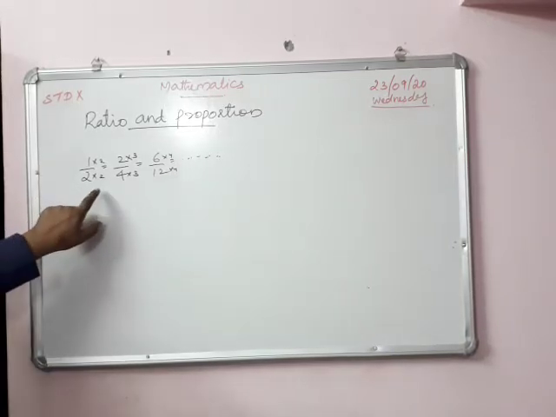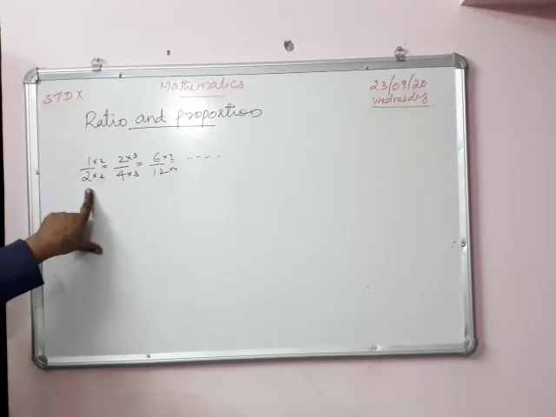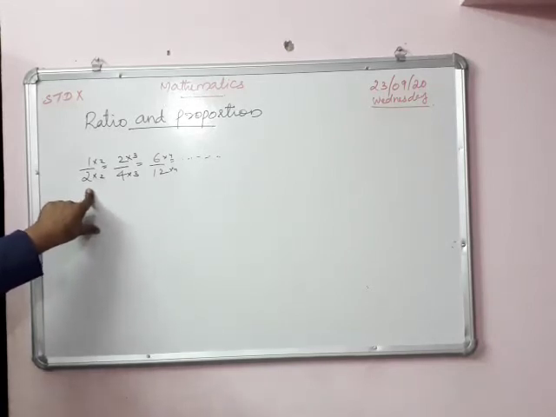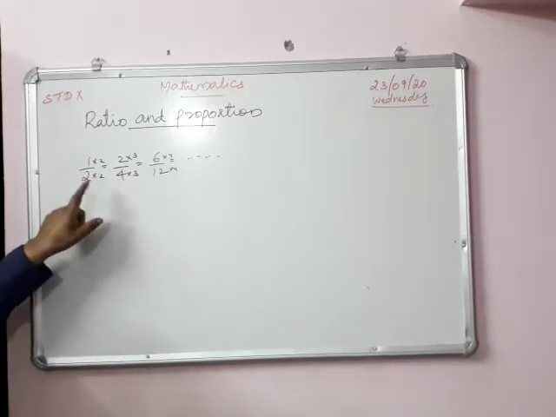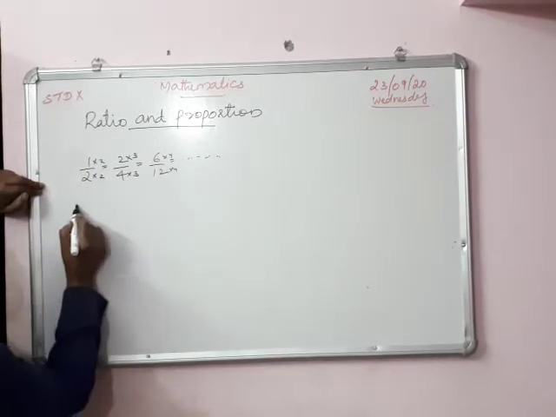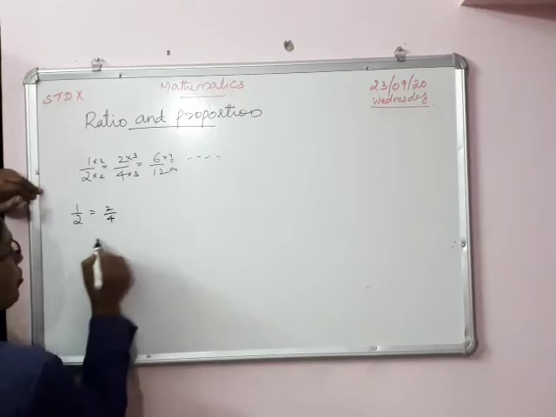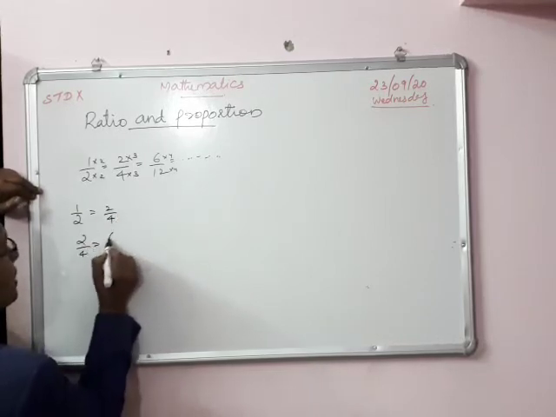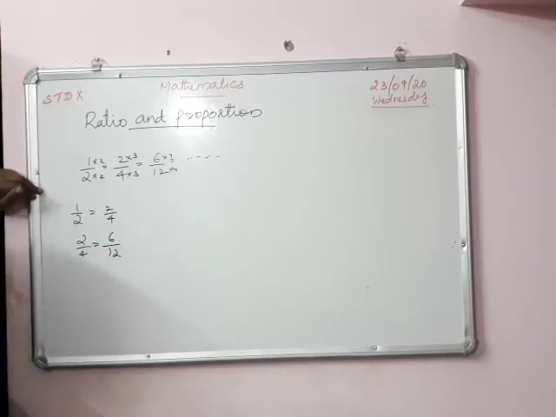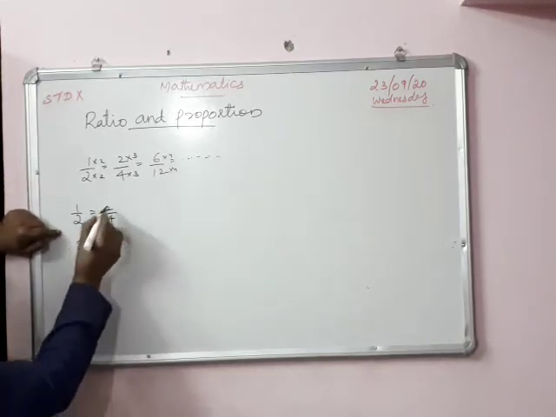This type of ratios is known as continued ratios. If they are equal, it is known as continued proportion, which means 1 by 2 is equal to 2 by 4 and 2 by 4 is equal to 6 by 12. Here you see both are the same.